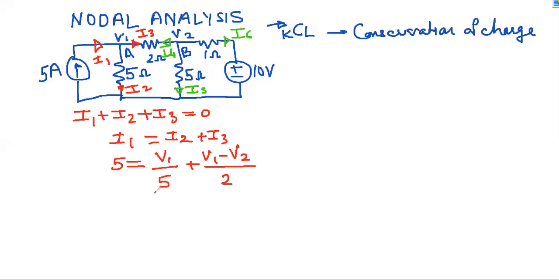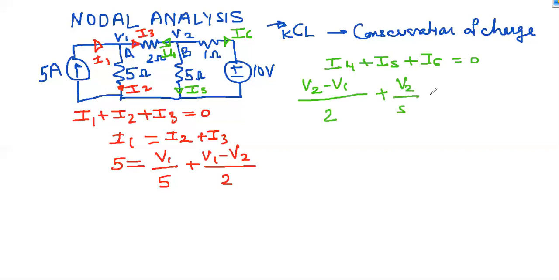So according to the law, I4 plus I5 plus I6 is equal to 0. Now the value of I4 is V2 minus V1 upon 2, plus V2 upon 5, plus V2 minus 10 upon 1, is equal to 0.